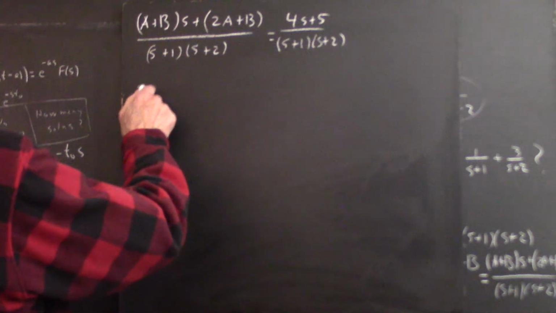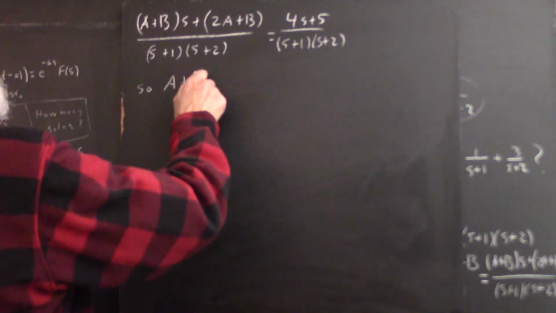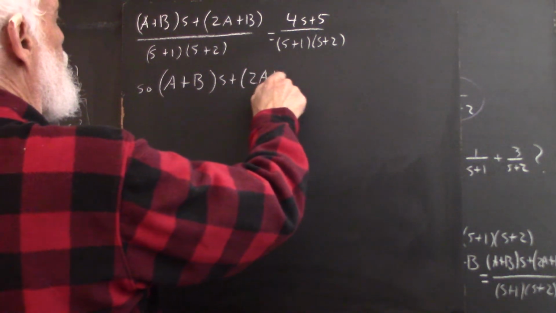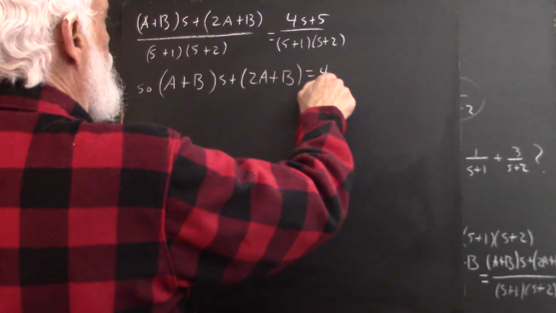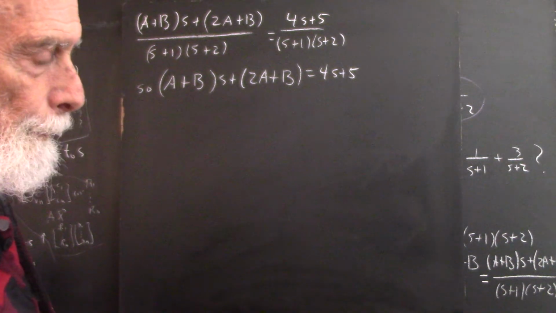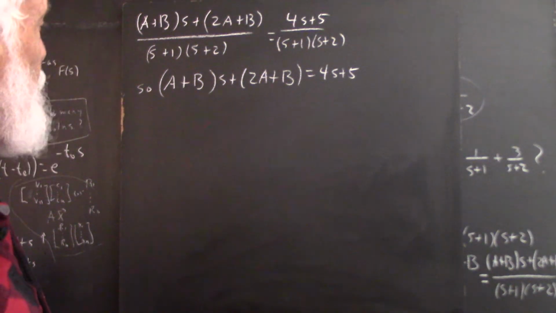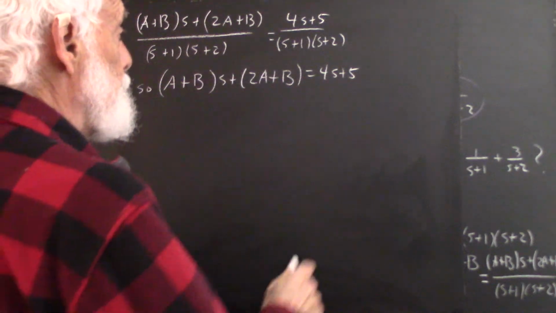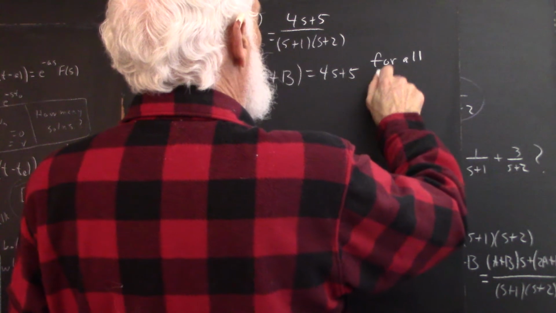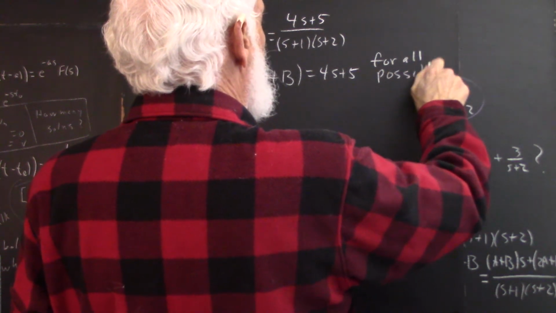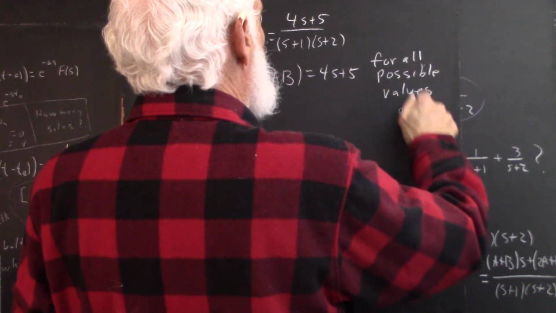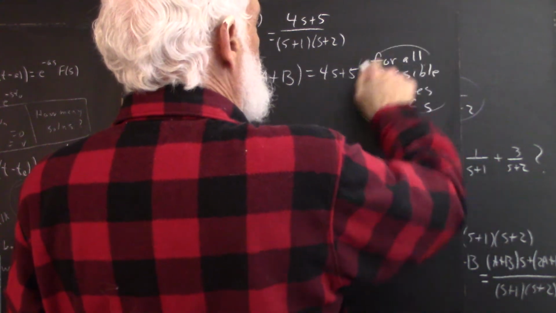Okay, so the denominators are the same, so the numerators have to be the same. And this has to be true for all possible values of s.